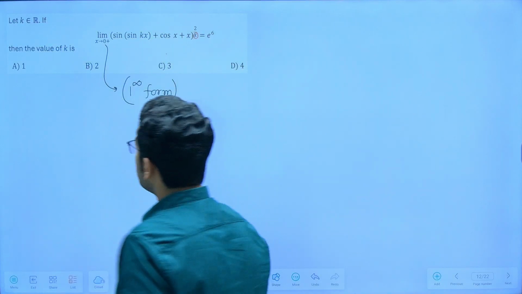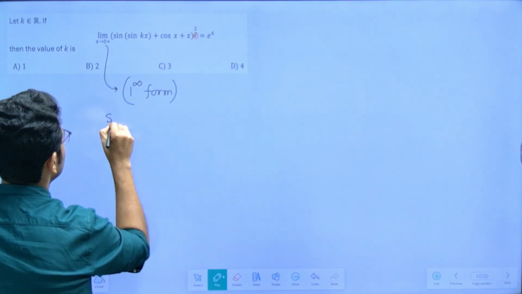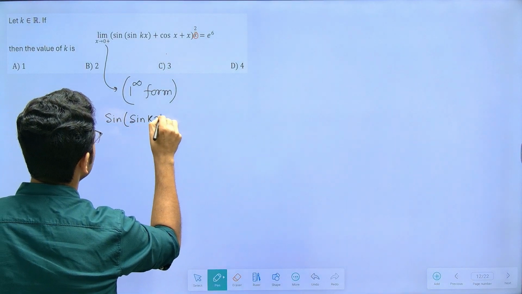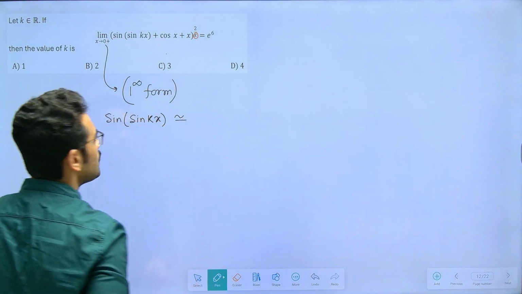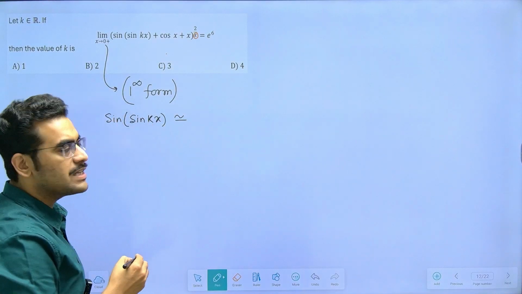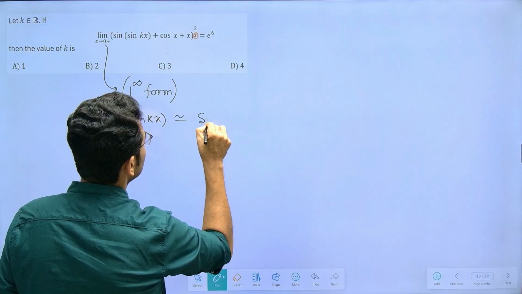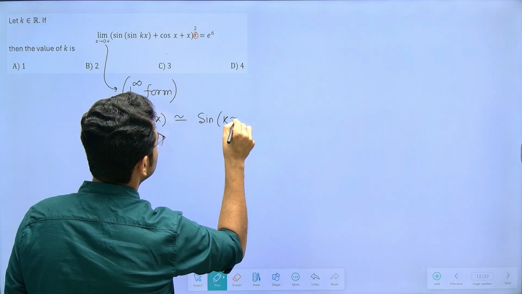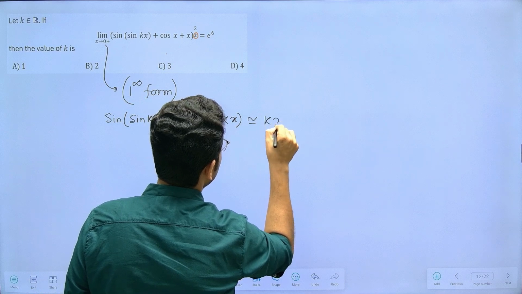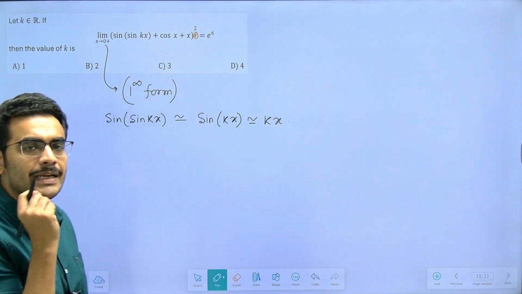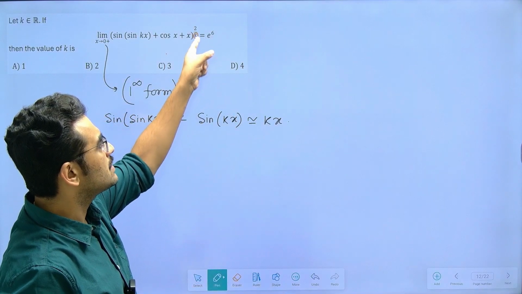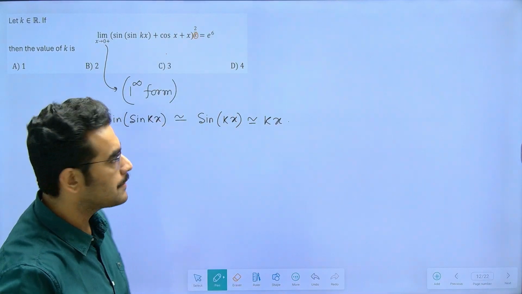Let us first start with sin of sin kx. sin kx is approximately equivalent to kx when x is very small, so sin of kx is again approximately kx. We are taking the linear approximation of the function, because here only the linear term in x matters.